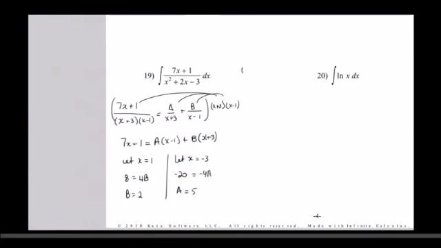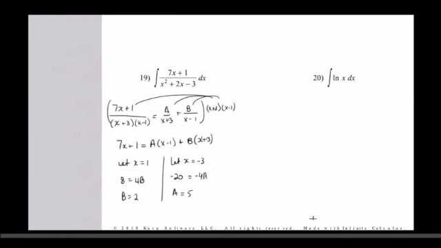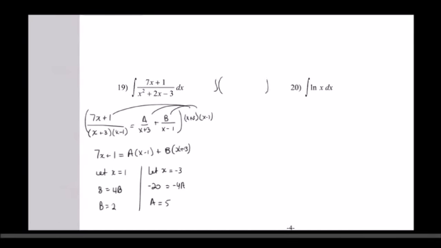So coming back up here, the problem turns into the antiderivative of partial fractions, 5 over x plus 3 and 2 over x minus 1.